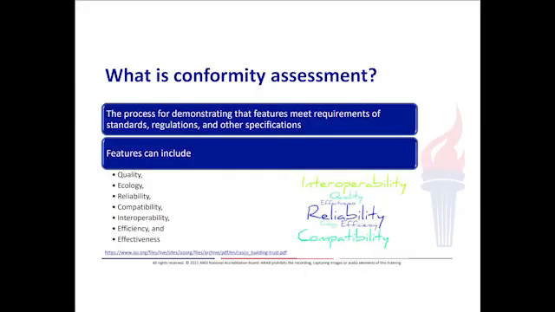Now, we also said we'd talk a little bit about conformity assessment. Without getting into this, and you can read this, it's a process for demonstrating that specific features meet the requirements of standards that are promulgated, regulations that are out there, and other specifications. For example, one of the things that we do under 17020 inspection is fire safety assessments.